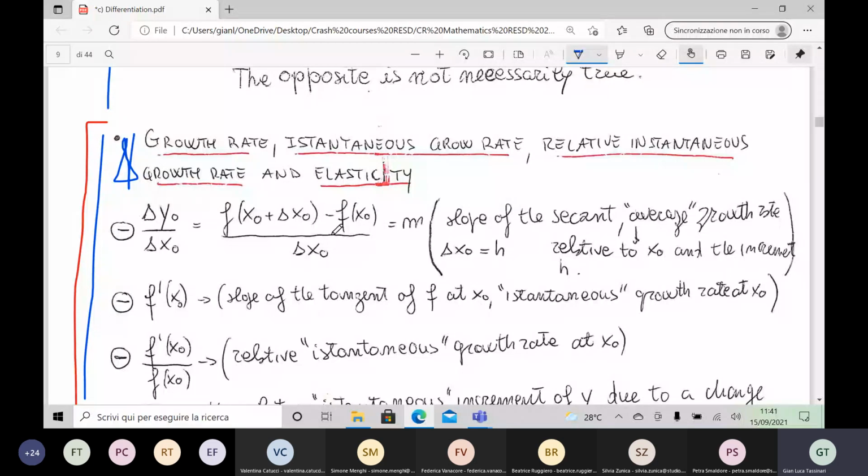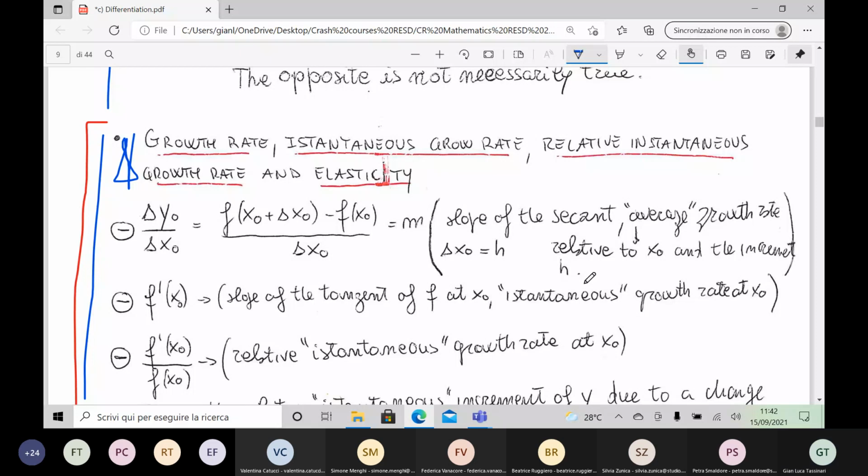So this is exactly what I told you before. m is the slope of the secant passing through the point (x0, f(x0)) and the point (x0 plus delta x0, f(x0 plus delta x0)), exactly the one I have shown you just now graphically. And this is the average growth rate of your function relative to the point x0 and the increment of length h.